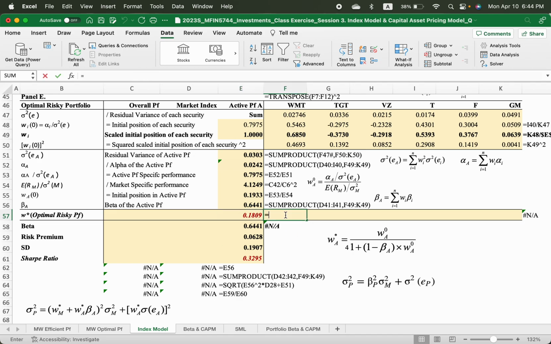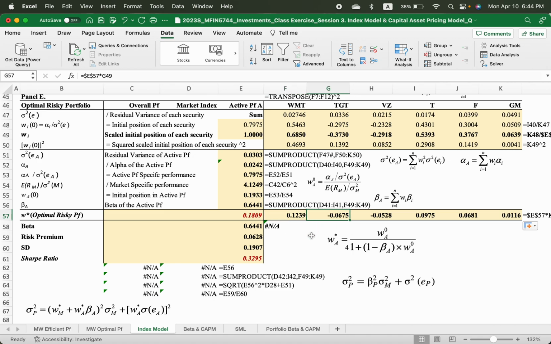Once you get this optimal weight, let's just link this weight times each individual stock weight, and let's drag to the right. That means out of 100% of the portfolio, we include 12% of Walmart.